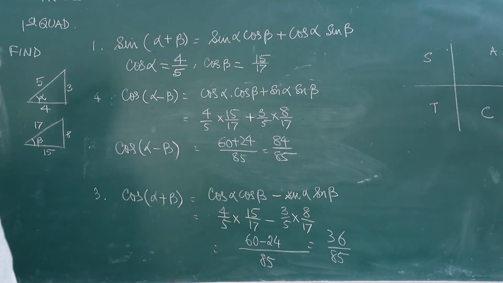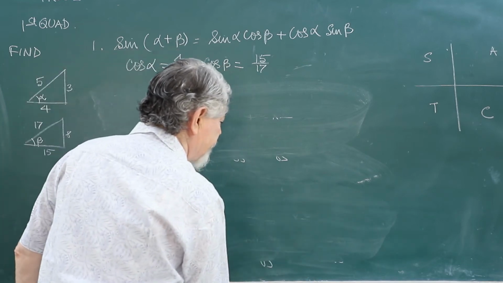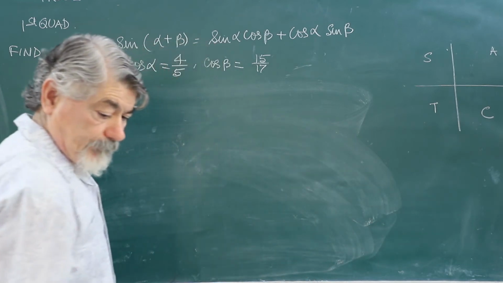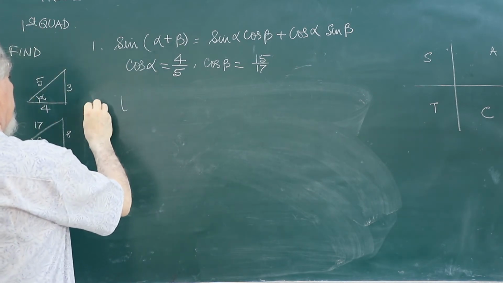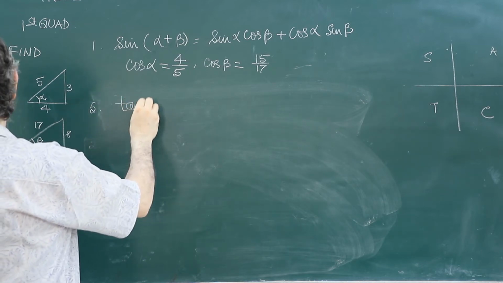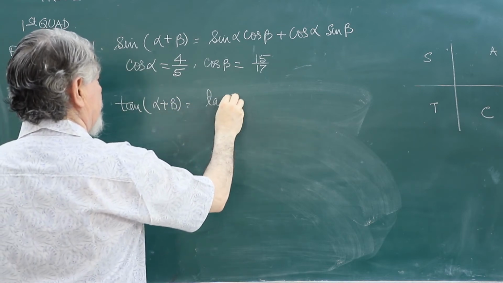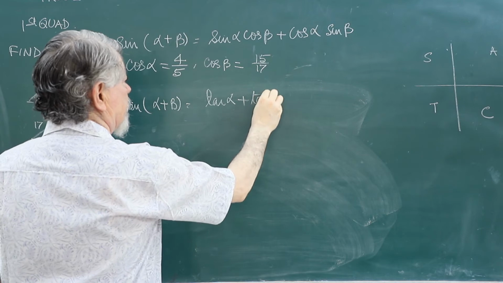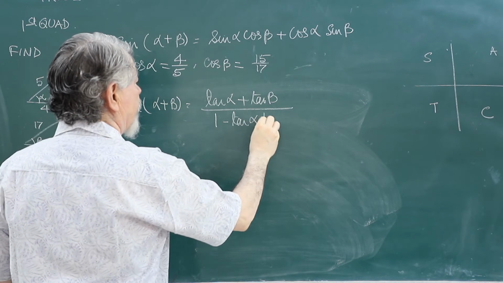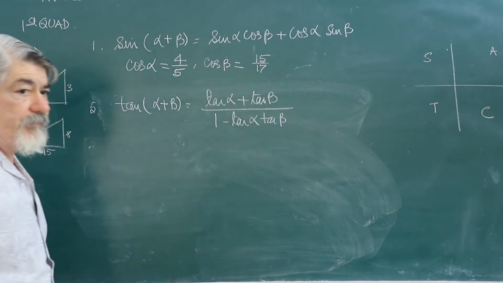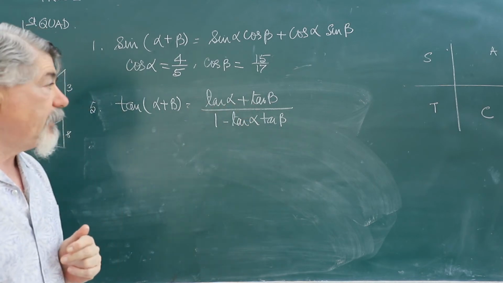Now let us see the next part of this question: tan(alpha plus beta) and tan(alpha minus beta). Tan(alpha plus beta) is tan alpha plus tan beta upon 1 minus tan alpha tan beta. This is the formula for tan(alpha plus beta).